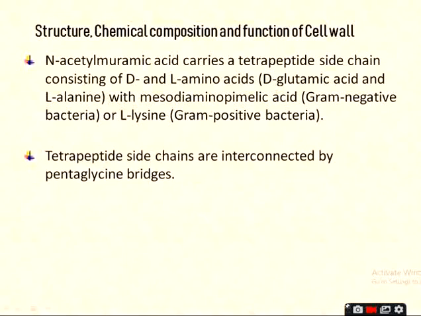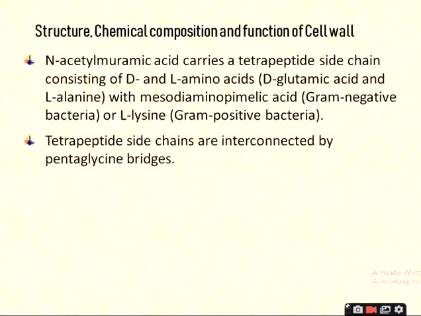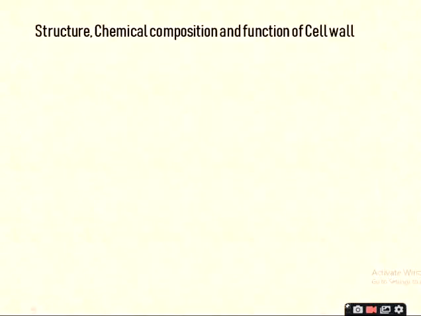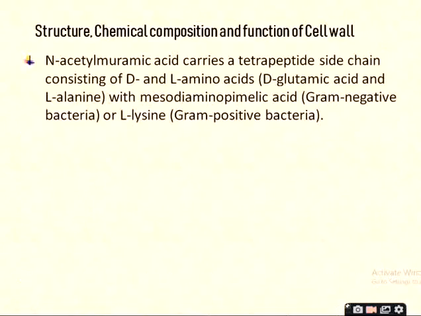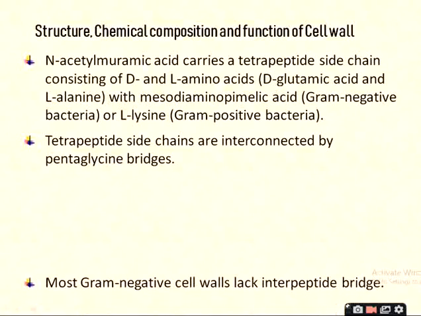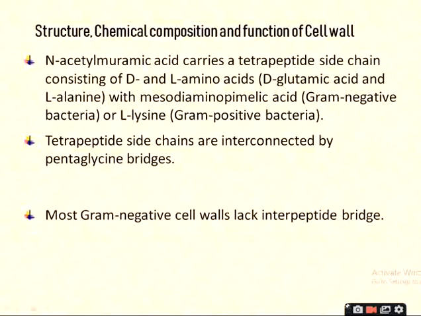Now tetrapeptide side chains are interconnected by the pentaglycine bridge. We saw that the pentaglycine bridge holds the chains of N-acetyl muramic acid and N-acetyl glucosamine. These structures are held together by this pentaglycine bridge.